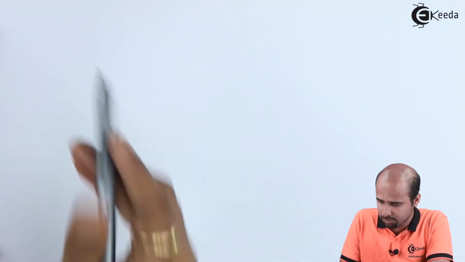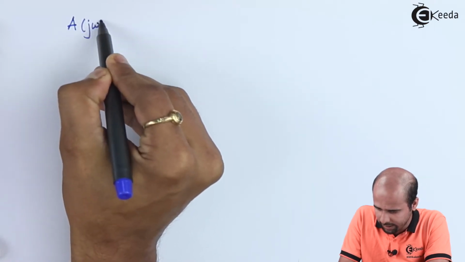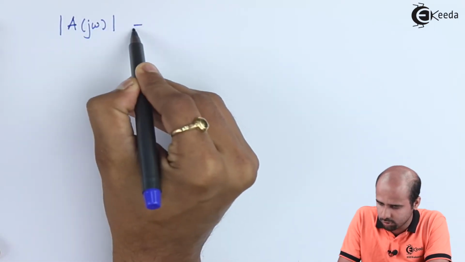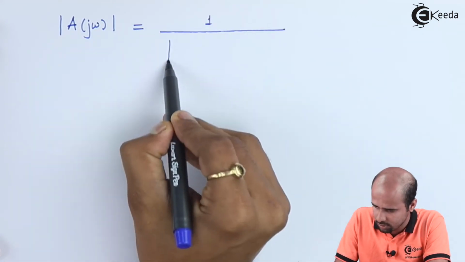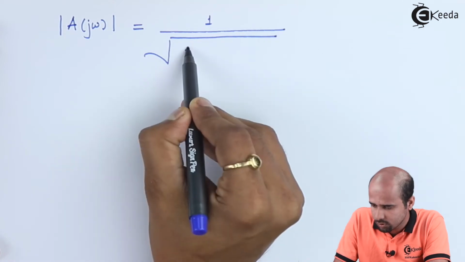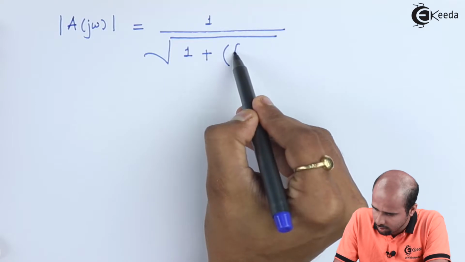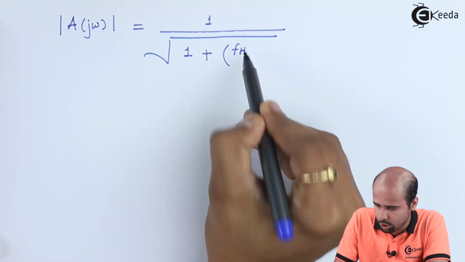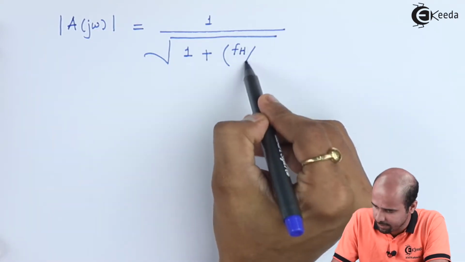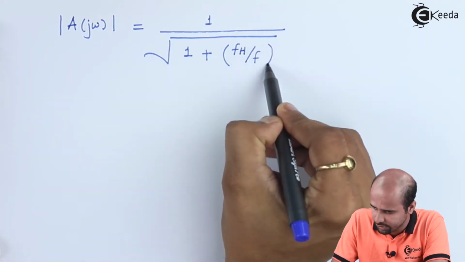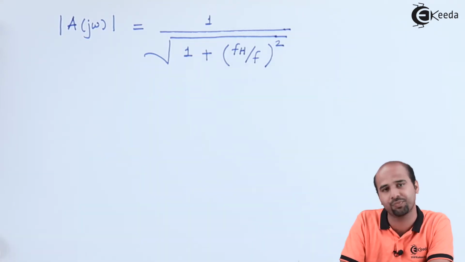So I will make some modification. The magnitude of A of J omega is equal to 1 upon square root of 1 plus, let's say fH, which is nothing but 1 upon 2 pi RC, divided by f, which is variable, the whole square.